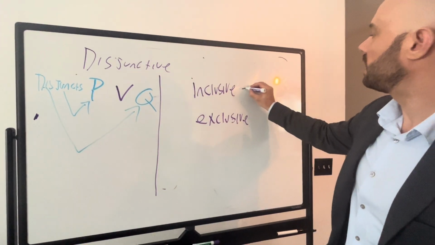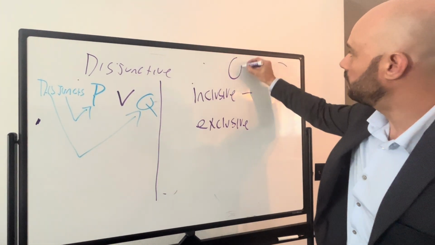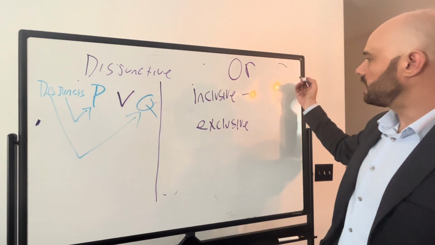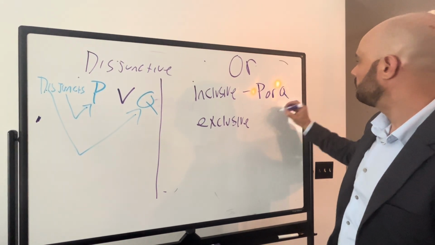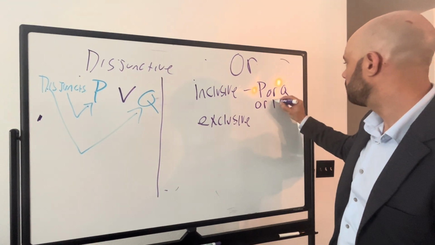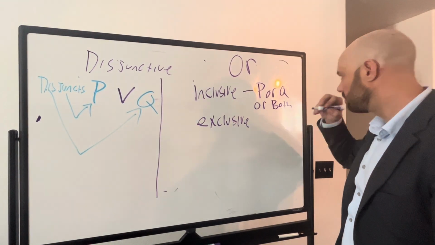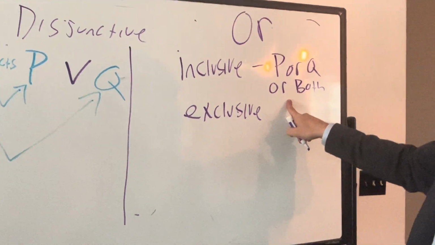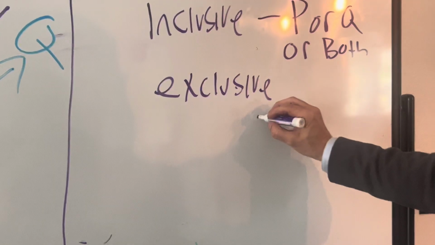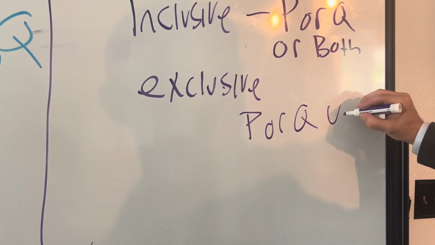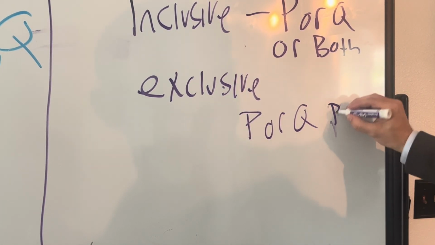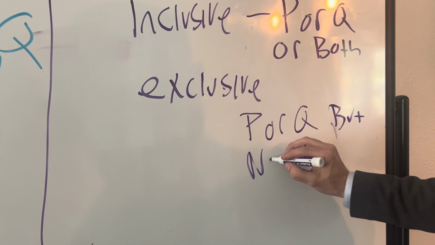This one here, inclusive or, means P or Q or both. And then exclusive means P or Q, but not both.